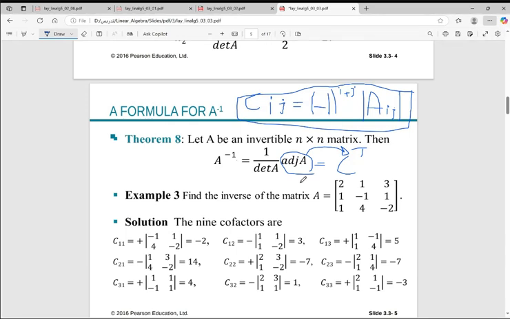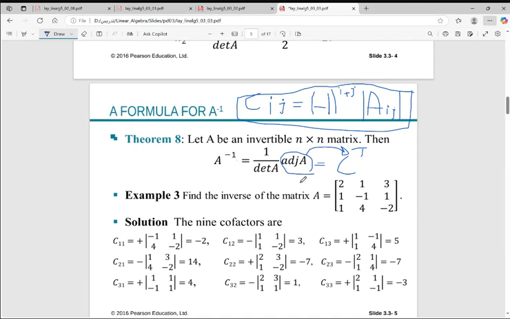I say it again, those operations that convert A to I convert I to A minus 1. This was one method. Theorem 8 presents another method to compute A minus 1.